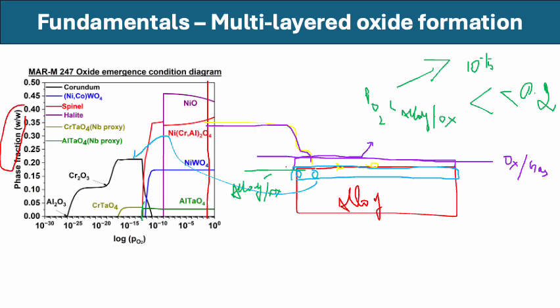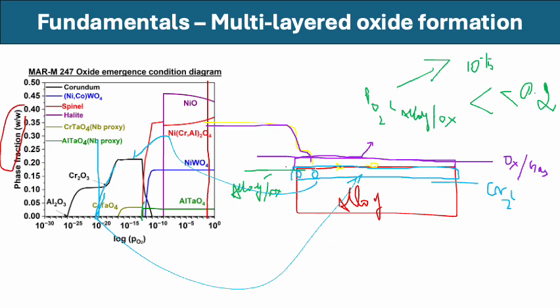Now we need to consider another interface, the chromium oxide alloy interface. This is the partial pressure that is prevalent in this interface, the Cr2O3 alloy interface.